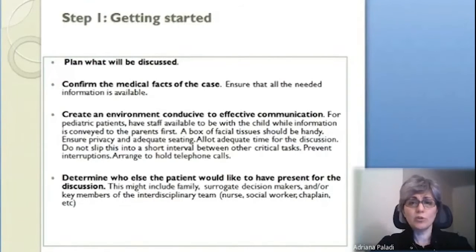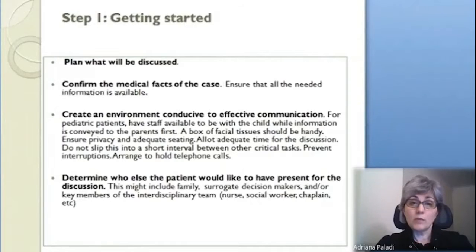A box of facial tissue should be handy, ensure privacy in an adequate setting, allot adequate time to the discussion. Do not slip this into a short interval between other critical tasks. Prevent interruption, arrange to hold telephone calls, and so on and so forth.